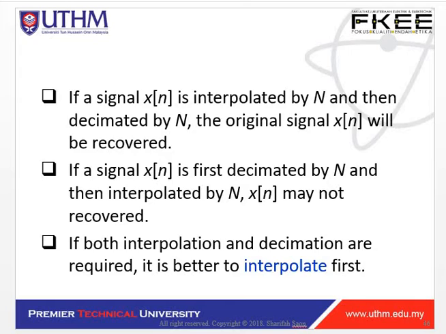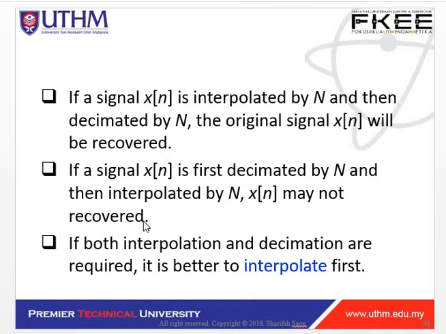Here are some rules. If the signal x[n] is interpolated by N and then decimated by N also, the original signal x[n] will be recovered, because you interpolate first, increasing the sample size, and then you decimate, reducing the sample size, so the original signal can be recovered. But if you do the decimation first by N and then interpolate by N, x[n] may not be recovered.